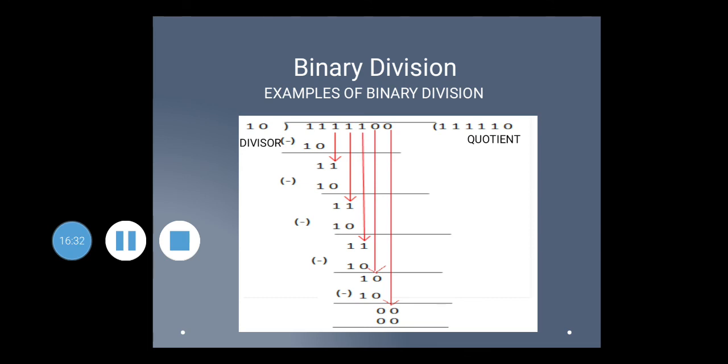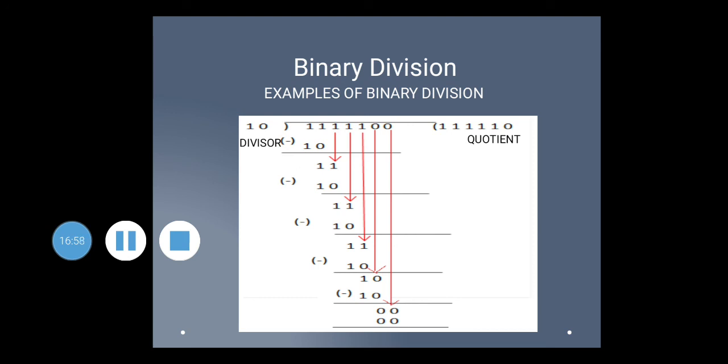Now this is the binary division problem which has been solved here. You have to remember, binary division is like normal division which we do in decimal, but when you subtract, you are going to apply binary subtraction rules. That's it. So the first problem is solved here.